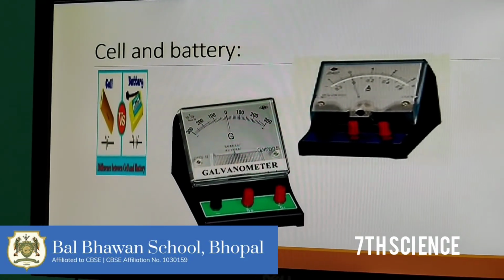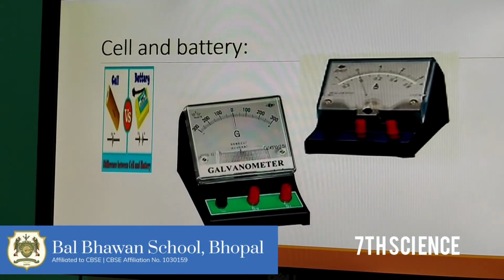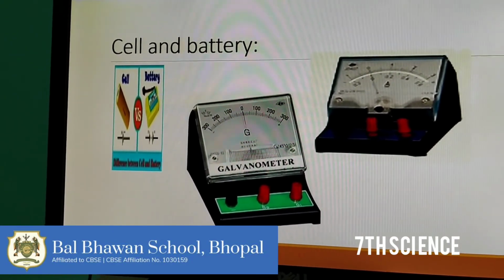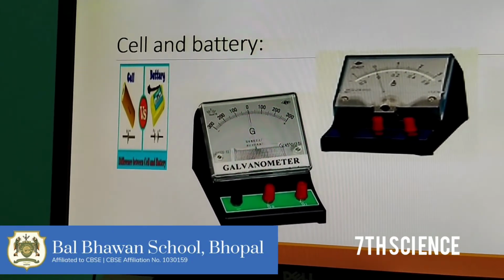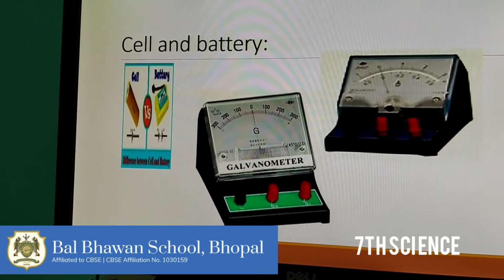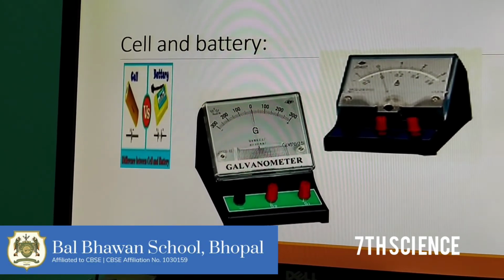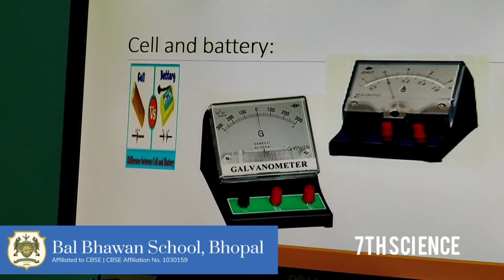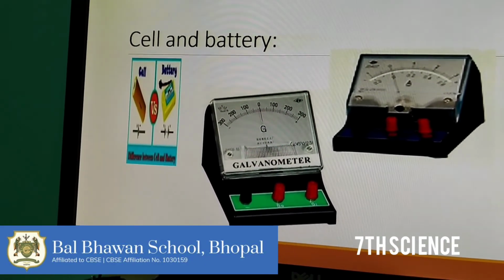Coming to cell and battery, in the first picture you can see a cell and a battery, and in the symbol we have one long straight line for positive and a small line for negative. Now here you can see galvanometer and ammeter.